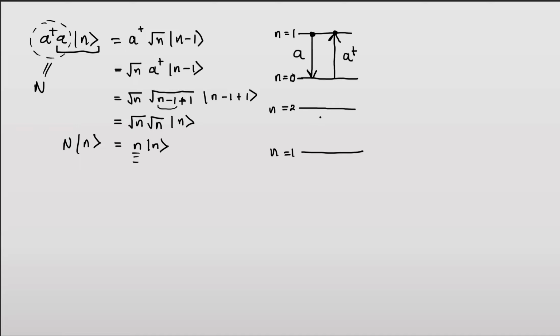The process is the same, right? The process, we go from here to here, right? So this process is the same. So we could start here, we can start at 1, we can start at 2, we can start at 3. The number operator does this, okay?